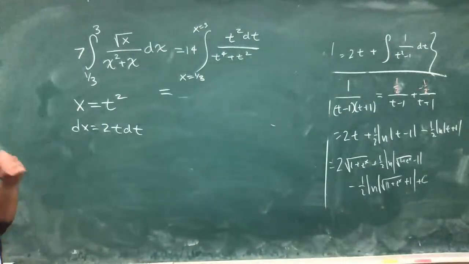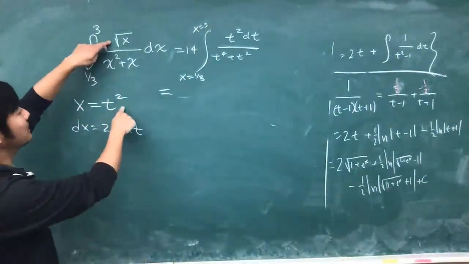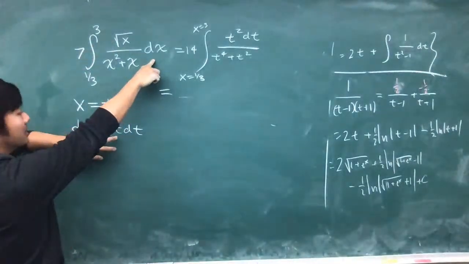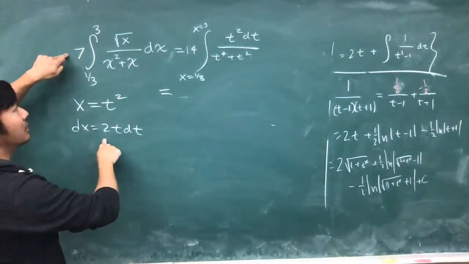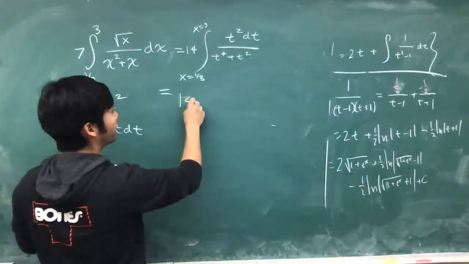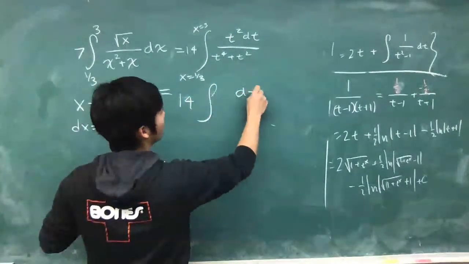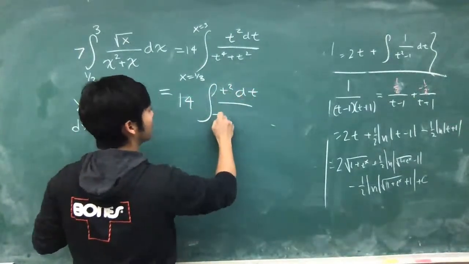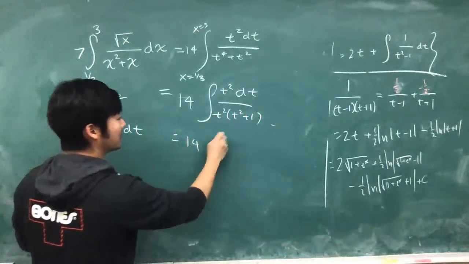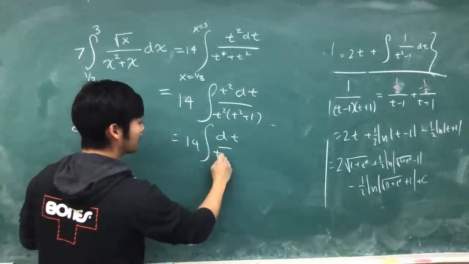So everything looks good. Root t squared becomes t. dx is t dt and times 2, and then these become that. Now you can factor out t squared, so you have dt and then t squared times t squared plus 1. So it's 14 dt over t squared plus 1.